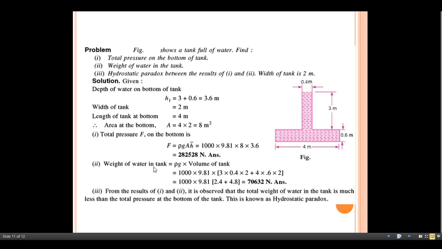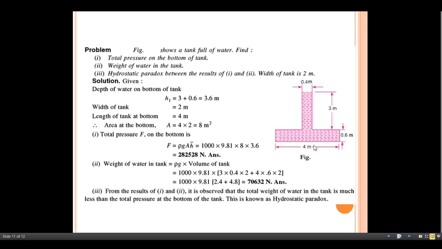After this, the weight of the water in the tank is nothing but rho g multiplied by volume of the tank. Rho g, we know the values: rho is 1000, g is 9.81. What about the volume? 3 multiplied by 4 multiplied by 2, because the width of this tank is given 2.